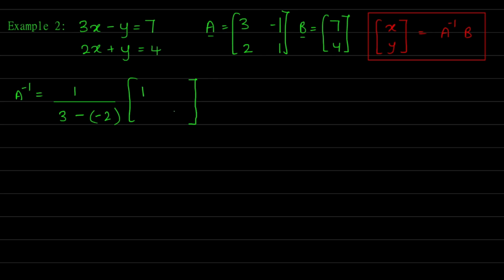We have 1 here and 3 here, and keep this diagonal unchanged except for the signs. Therefore, we have positive 1 here instead of minus 1, and minus 2 here instead of positive 2. And that gives us 1 over 5 into 1, 1, minus 2, 3.